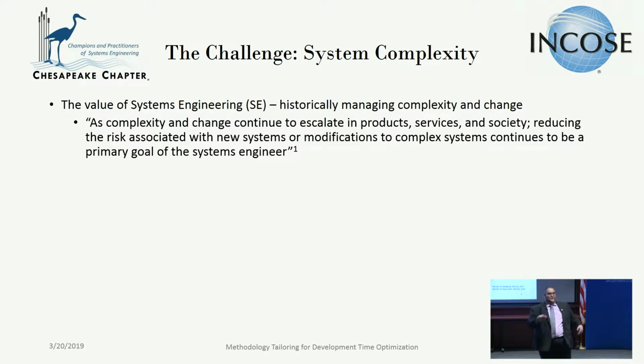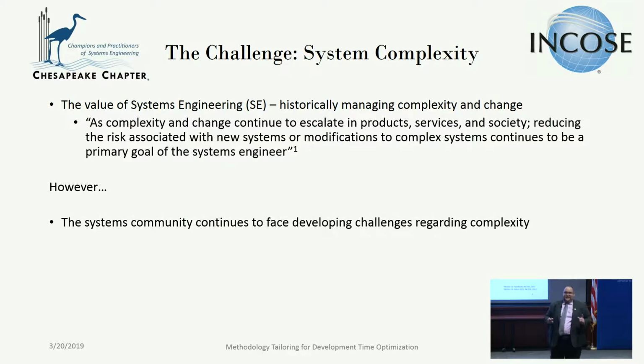But you can read that as complexity and change continue to escalate in our products, in our services, in our society, then reducing the risk associated with process development and system development is the job of the systems engineer. So that's what defines the job of a systems engineer. However, even today, even with the long history of systems engineering, there are modern challenges related to complexity that systems engineering professionals face.